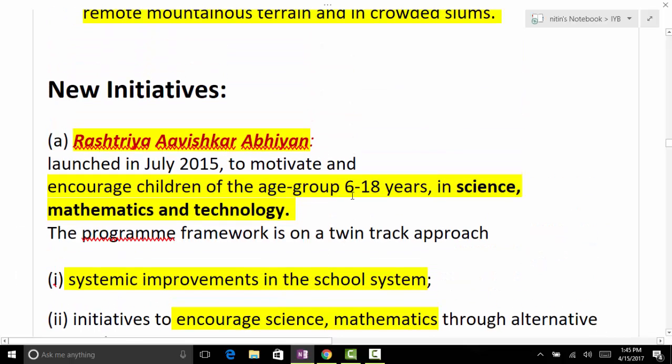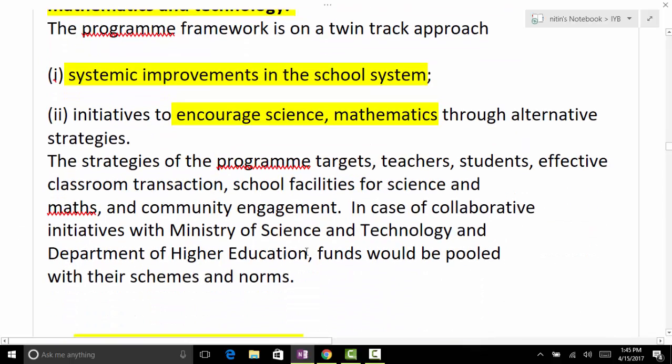From the start of schooling till they complete senior secondary education, 18 years.